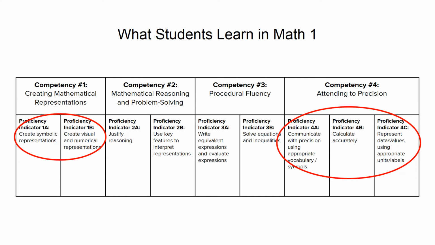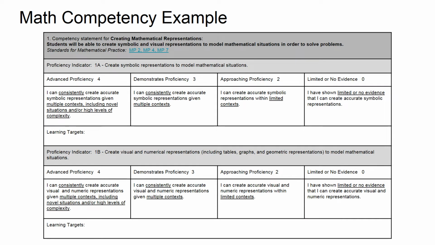Let's take a deeper look at what students will be working with in Math 1. Competency 1 states, students will be able to create symbolic and visual representations to model situations in order to solve problems. Proficiency Indicator 1A assesses if a student can create symbolic representations to model mathematical situations.